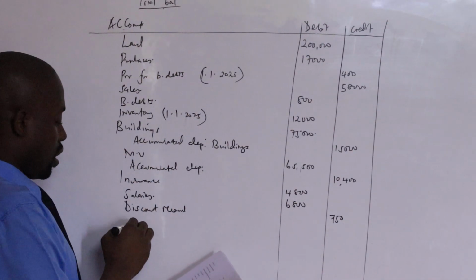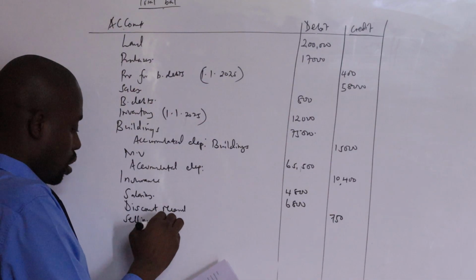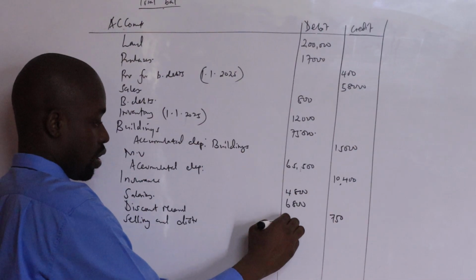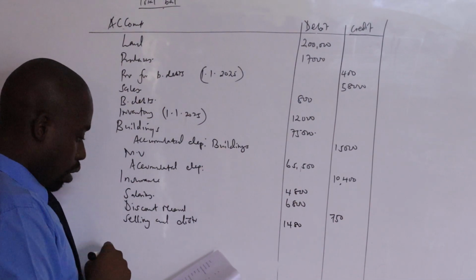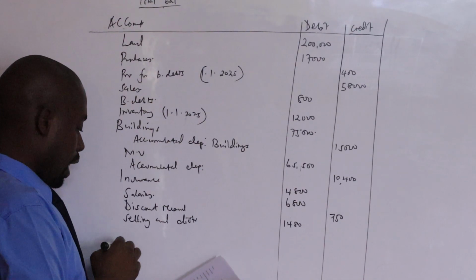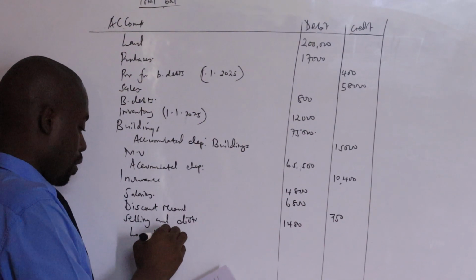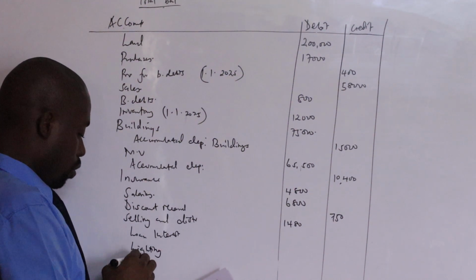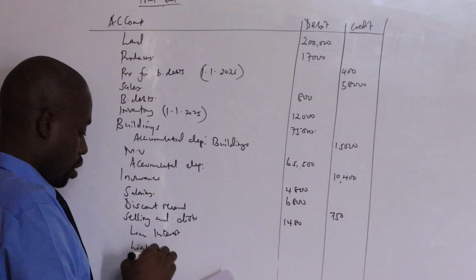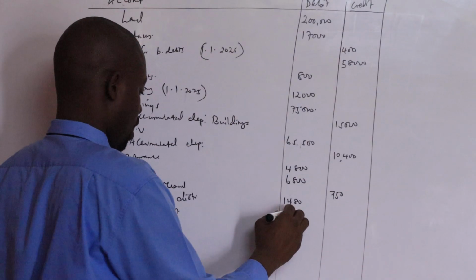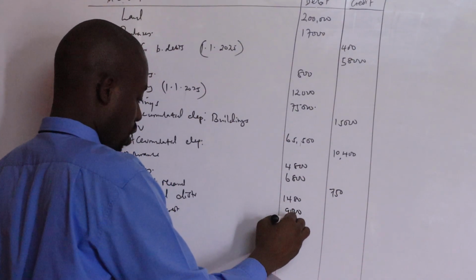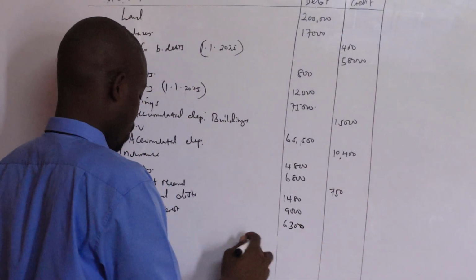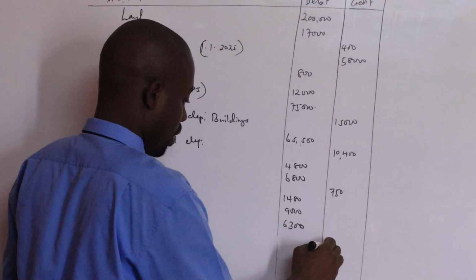Selling and distribution expense, have it as 1,480. It's an expense. And then we have loan interest, lighting. You've got 10% loan. For loan interest, 9,000. Next, 6,300. That is lighting. The loan is 90,000.